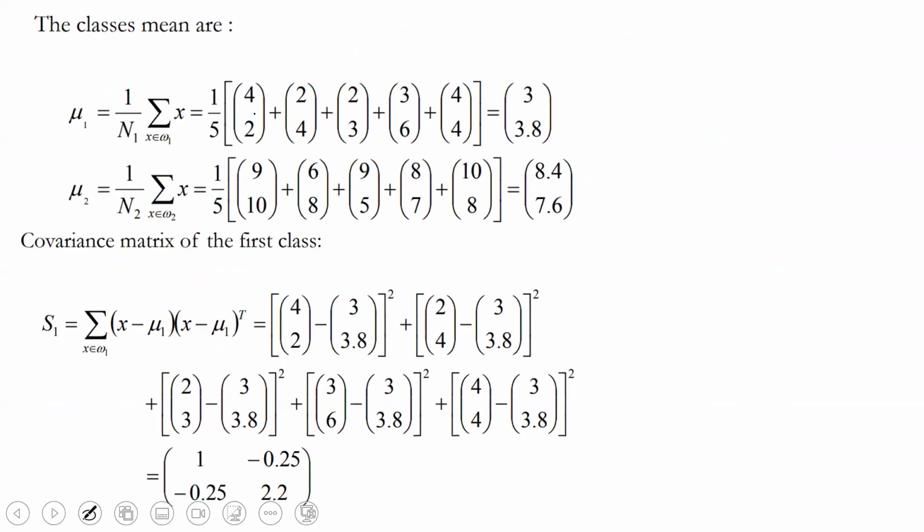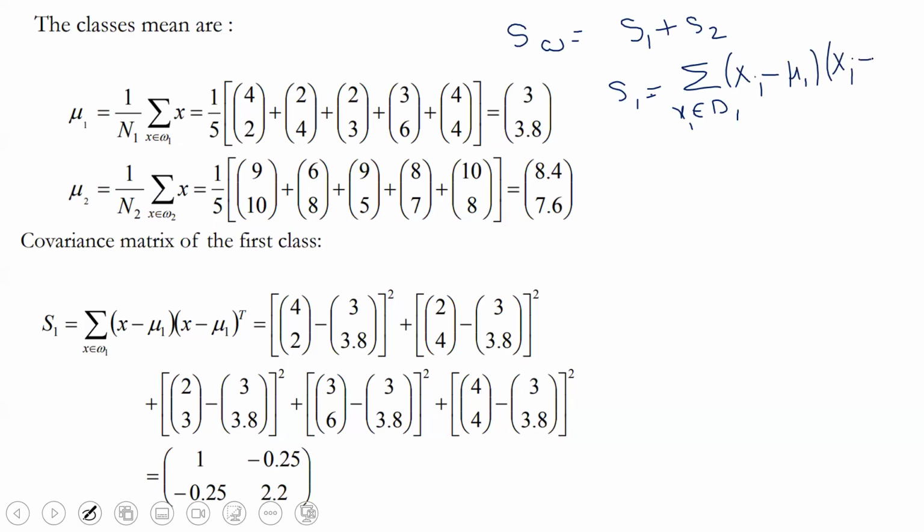First thing first, we are trying to calculate SW. SW is nothing but S1 plus S2. What is S1? For every Xi that belongs to D1, (Xi minus mu1) into (Xi minus mu1) whole transpose, right? What is S2?